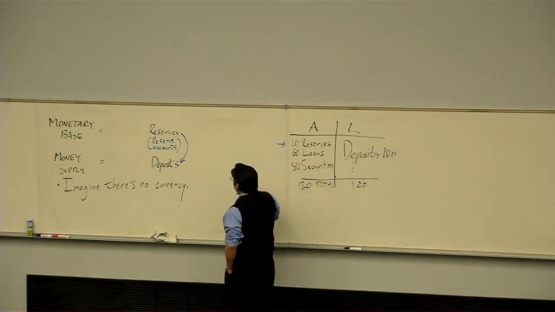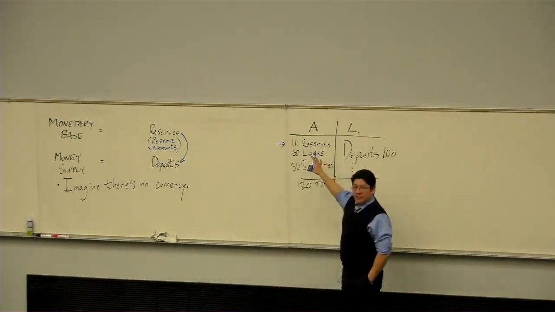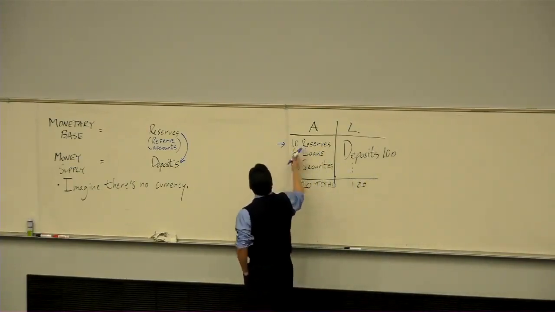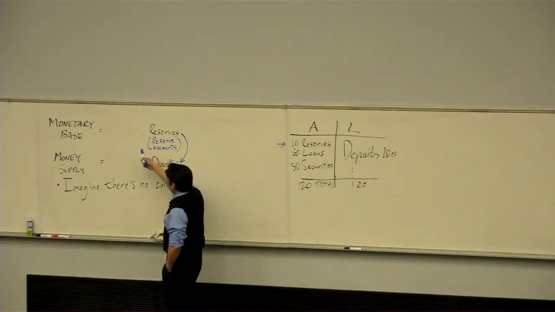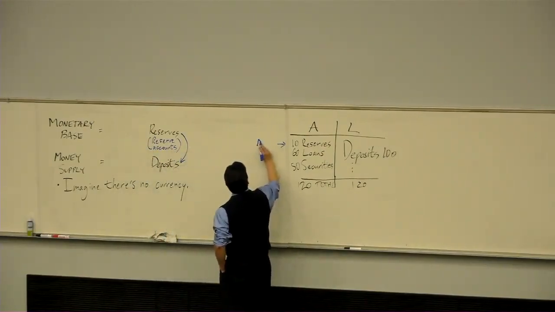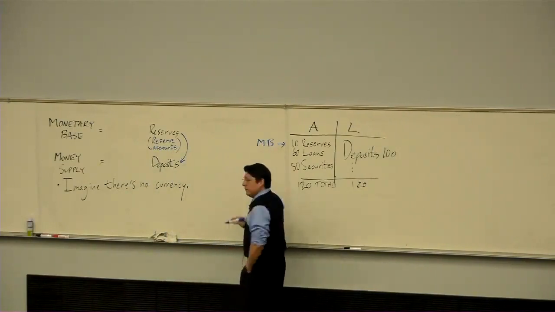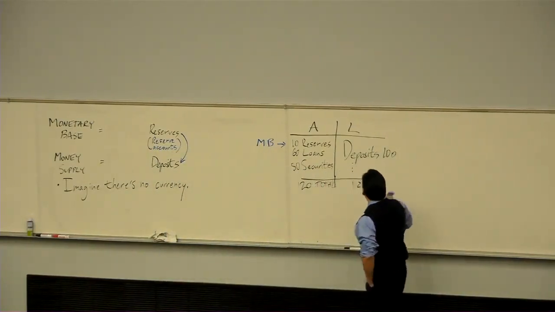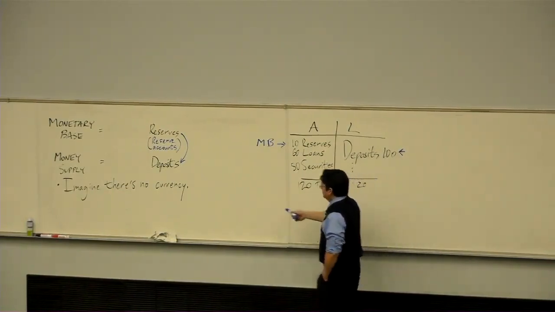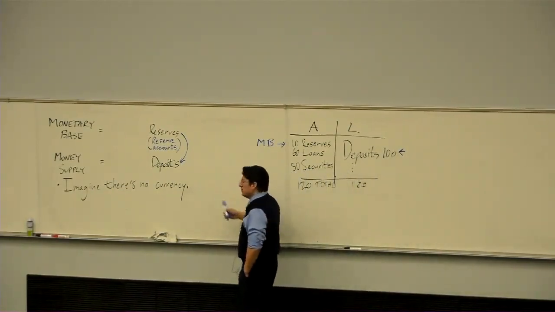Now, suppose this is that giant balance sheet that we've added up based on the balance sheets of all the banks. Now observe that on that giant balance sheet of all the banks, the total amount of reserves here are the monetary base. And the total amount of deposits here are the money supply.